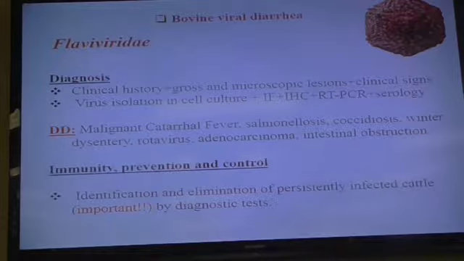A tumor can cause diarrhea, but with a tumor, obviously, you have a slow progression. Intestinal obstruction may also cause necrosis of the intestine and so on. But when it comes to bovine viral diarrhea, the symptoms are usually clearer in that respect.